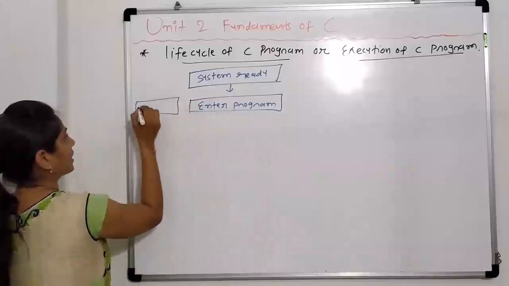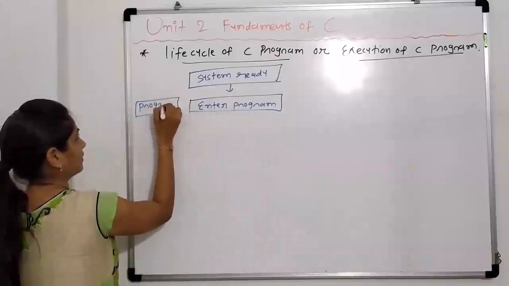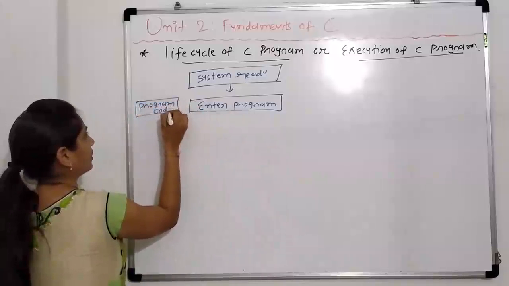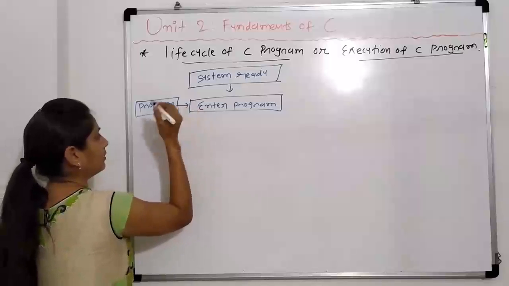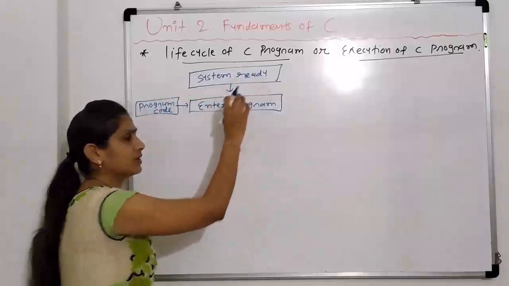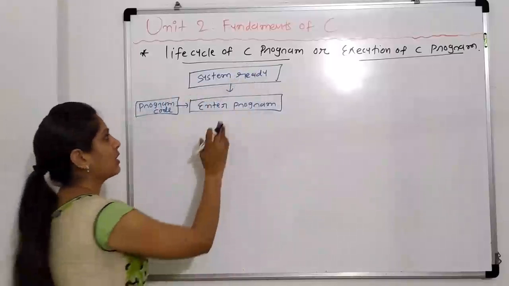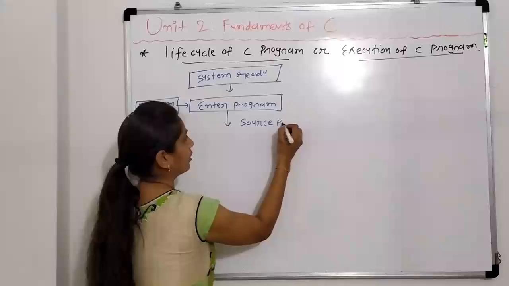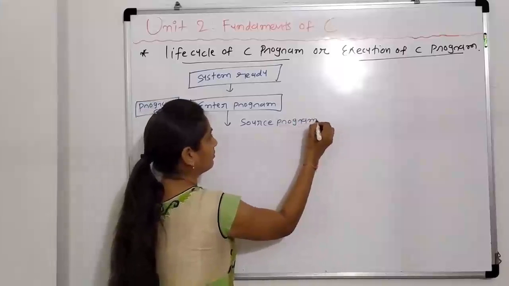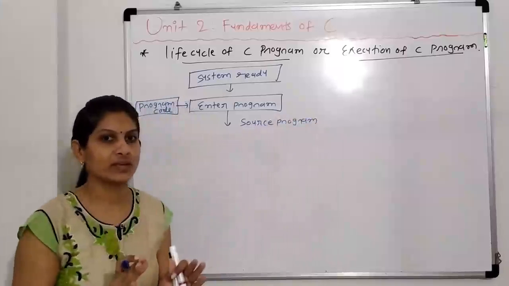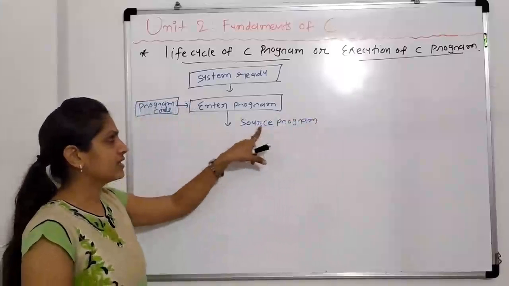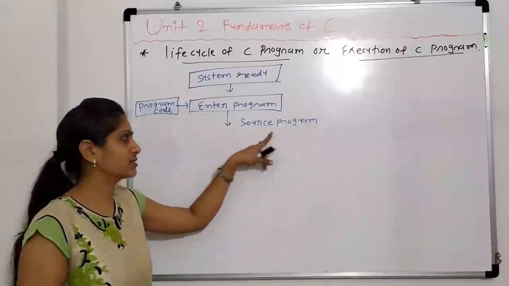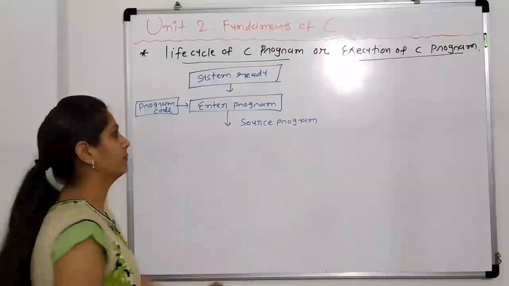And suppose the program is already there. So the program code that you are making will be entered in this particular computer. Now this program becomes the source program, because the program in that particular computer is known as source program.